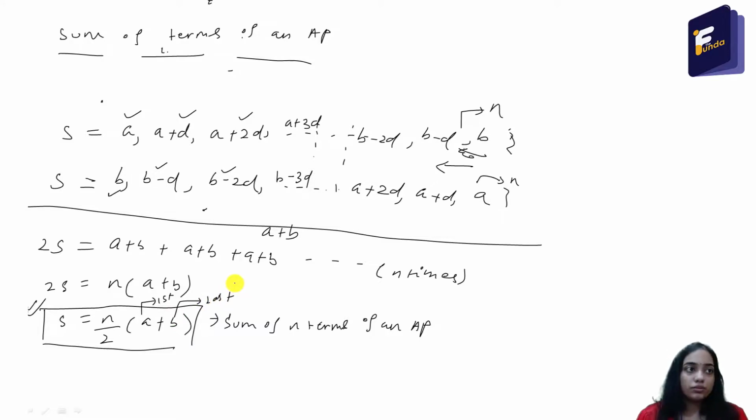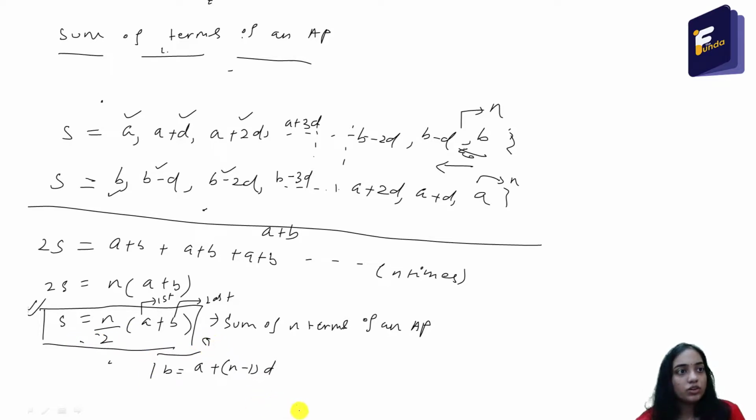Suppose in a question we don't know the last term and we don't want to calculate it either. How can we do that? If the last term is B and we have n terms in that AP, then B equals A plus n minus 1 D. B is the last term, so the nth term is A plus n minus 1 D. We put this value of B in this equation.